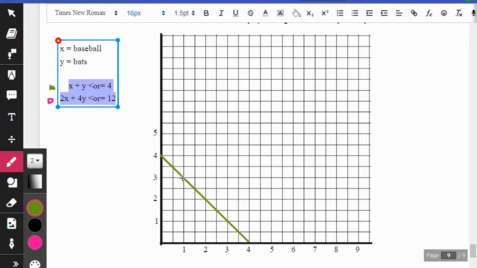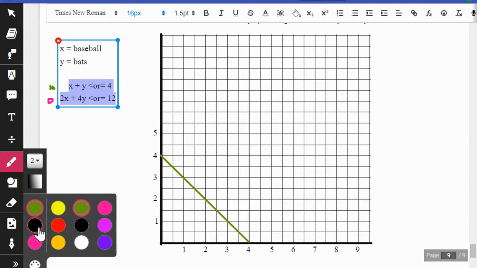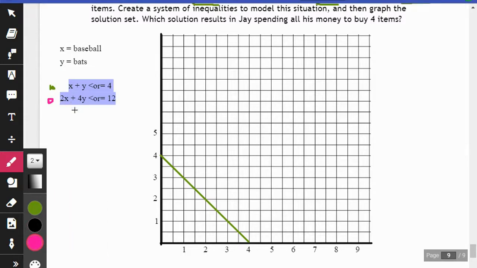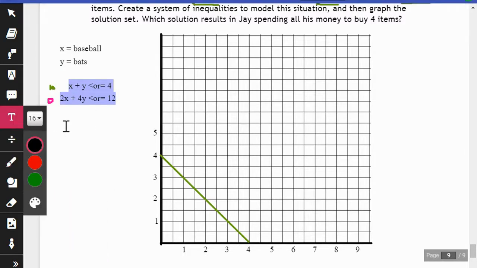I can buy 3 of one and 1 of the other, 2 of each, 1 of one and 3 of the other, or none of one and 4 of the other. That's what this line is telling me. The pink one here, 2x plus 4y equals 12.